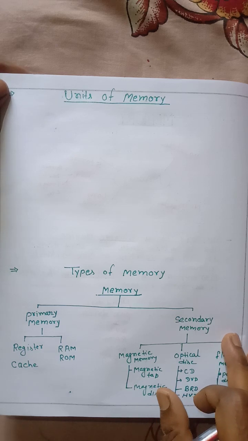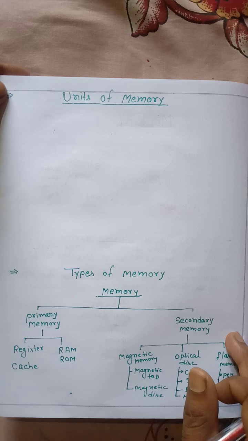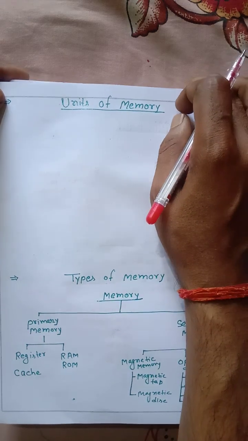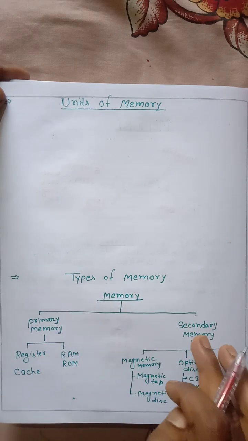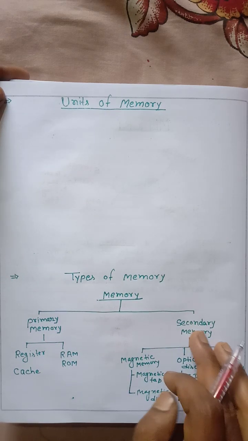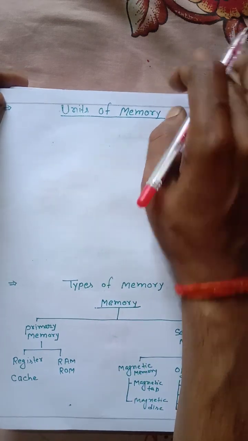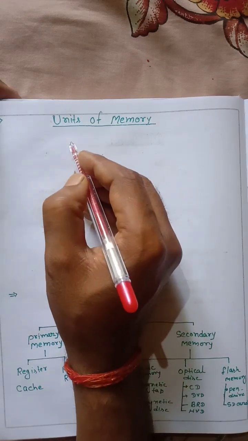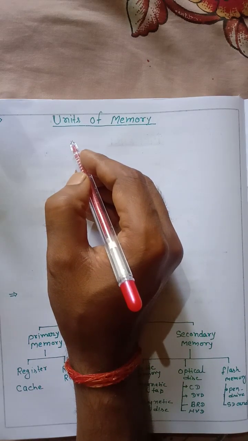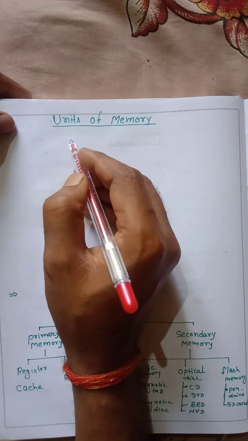How many types of memory are there? The first types are primary memory and secondary memory. We will come to that later. First we will discuss the units of memory. Units of memory means how many bits there are in memory and what KB, MB, GB are. So let's continue.